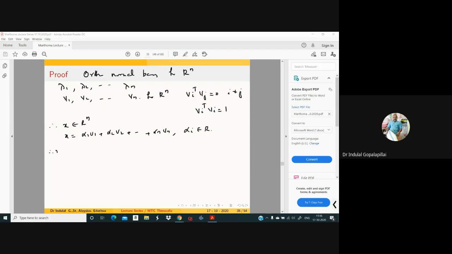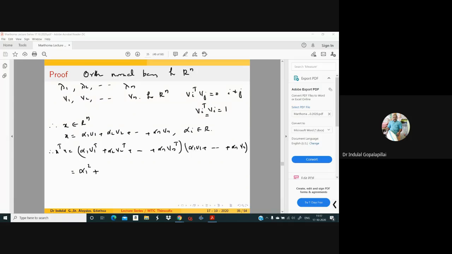Therefore, x transpose x is equal to alpha 1 v1 transpose plus alpha 2 v2 transpose plus etc. plus alpha n vn transpose, into alpha 1 v1 plus etc. plus alpha n vn. We multiply alpha 1 v1 transpose alpha 1 v1, that is alpha 1 square v1 transpose v1, and v1 transpose v1 is equal to 1.